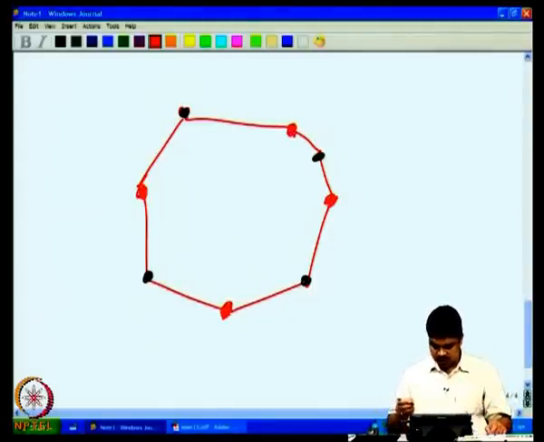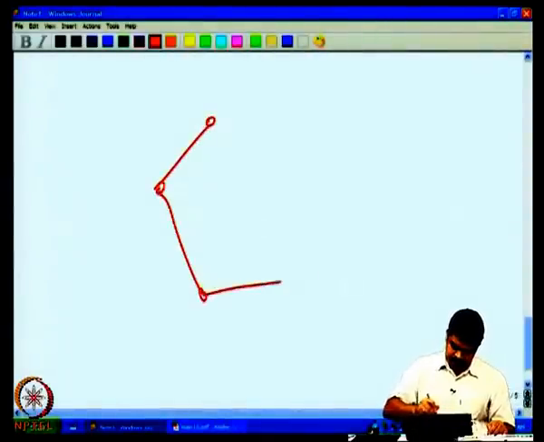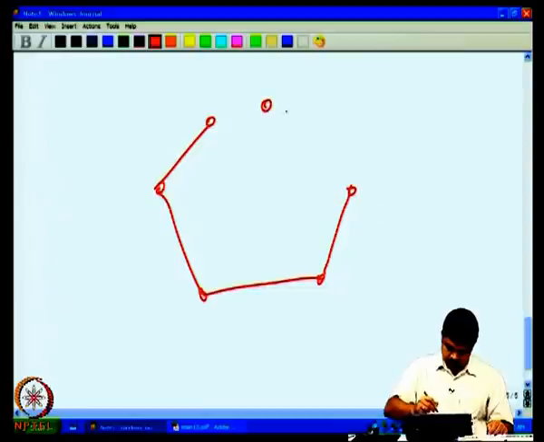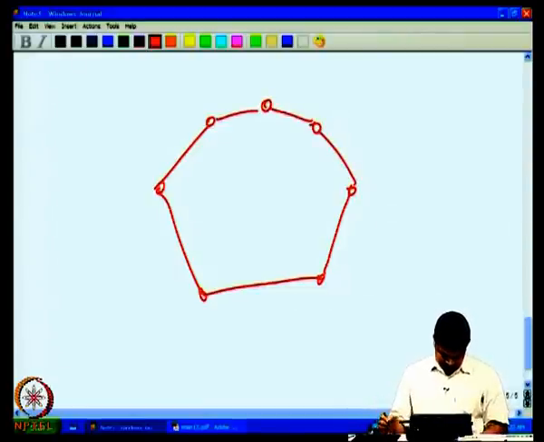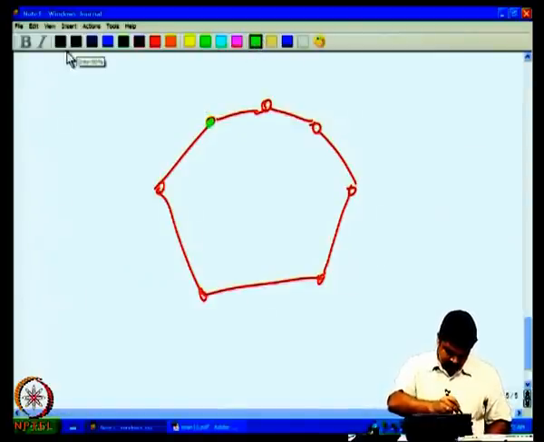And what about an odd cycle? An odd cycle may be like this. You can try to color like I did in the last case.